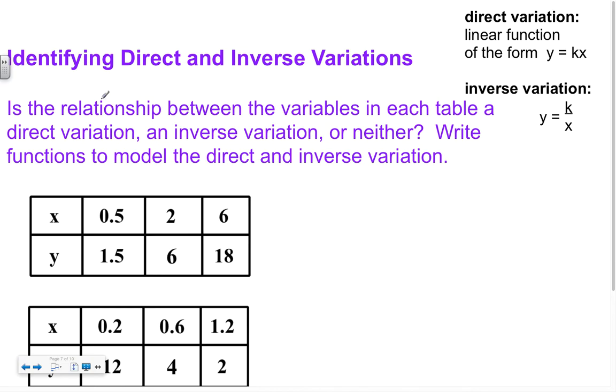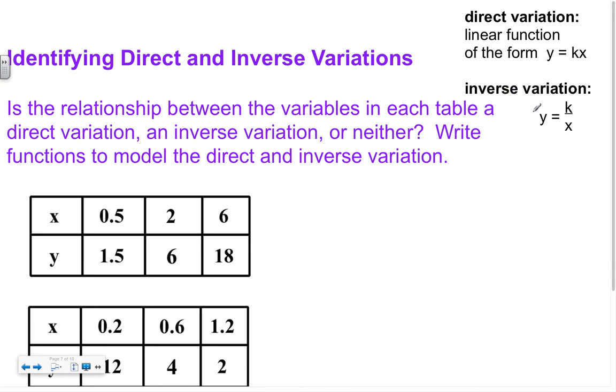Alright, for this one we need to determine if the relationship between the variables in each table is a direct variation, an inverse variation, or neither. And then we're going to write a function to model the direct and inverse variation. So if we take a look here, direct variation, which we went over in the previous slide, is y equals kx. It's a linear equation where your y-intercept is 0.